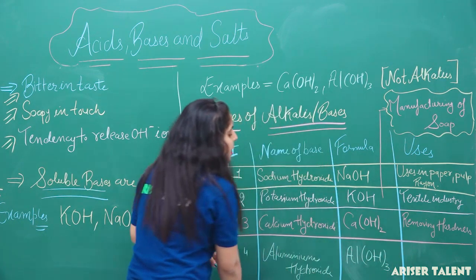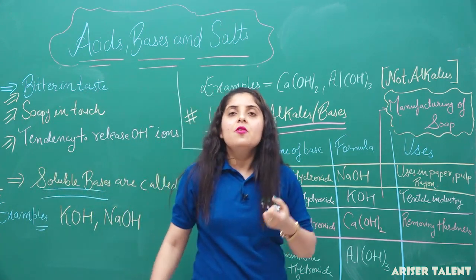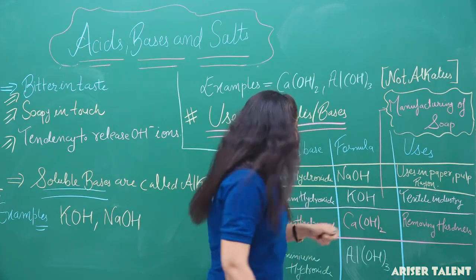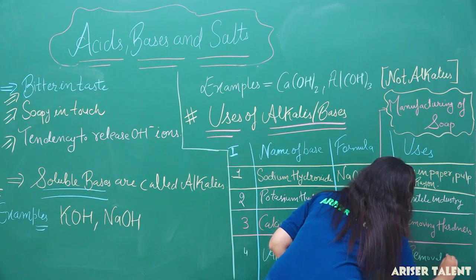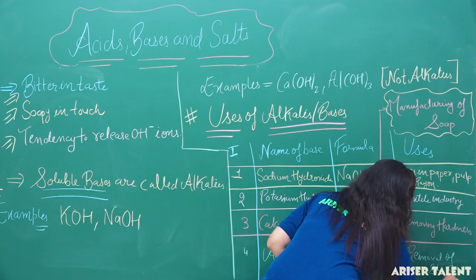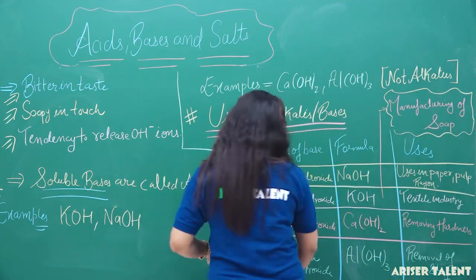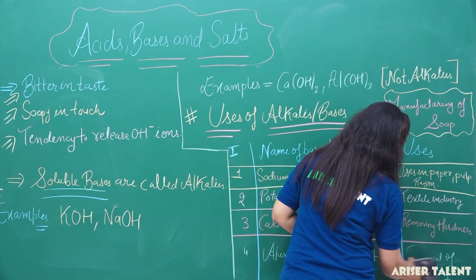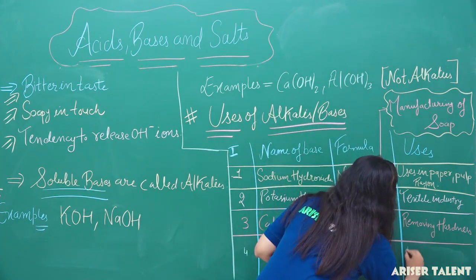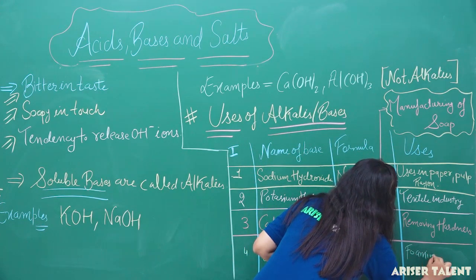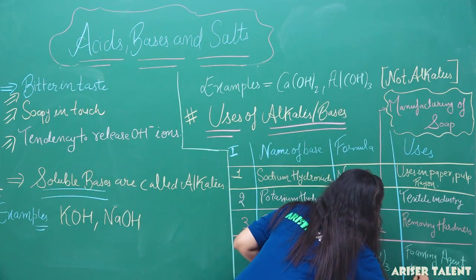Aluminium hydroxide is generally used in the case of an ant bite or bee sting, so removal of sting. It is also used as a foaming agent in fire extinguishers.